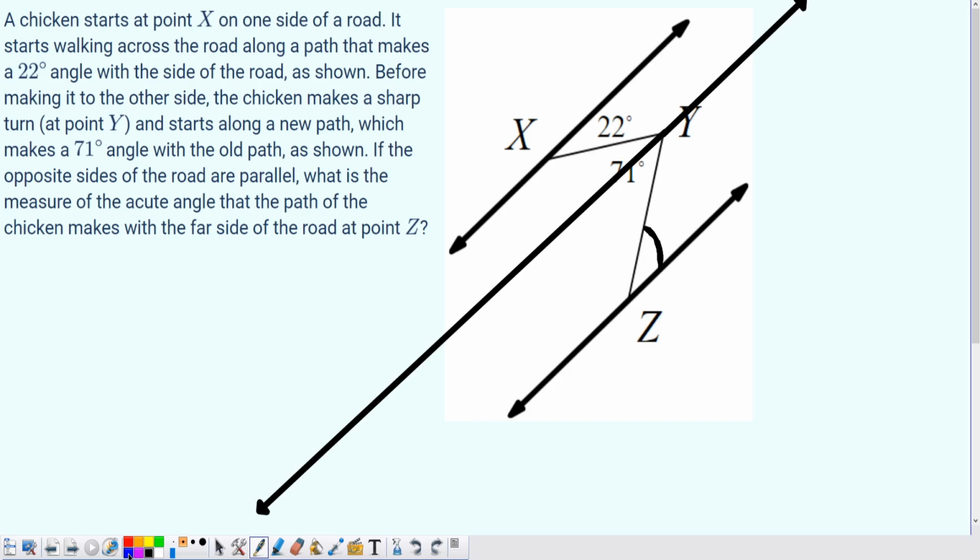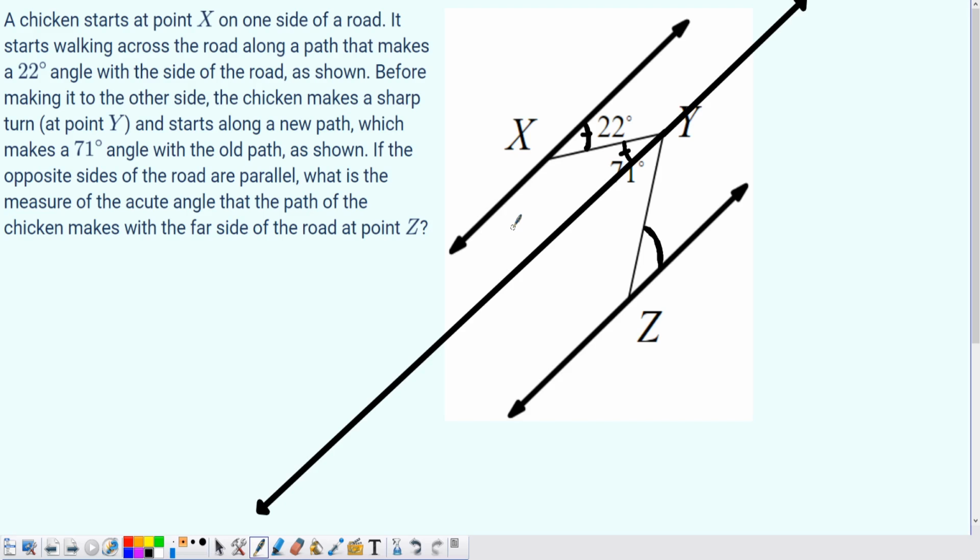And what the transversals will always tell you is that you have some pair of equivalent angles. For example, this angle of 22 degrees and this angle must be the same because they are alternate interior.